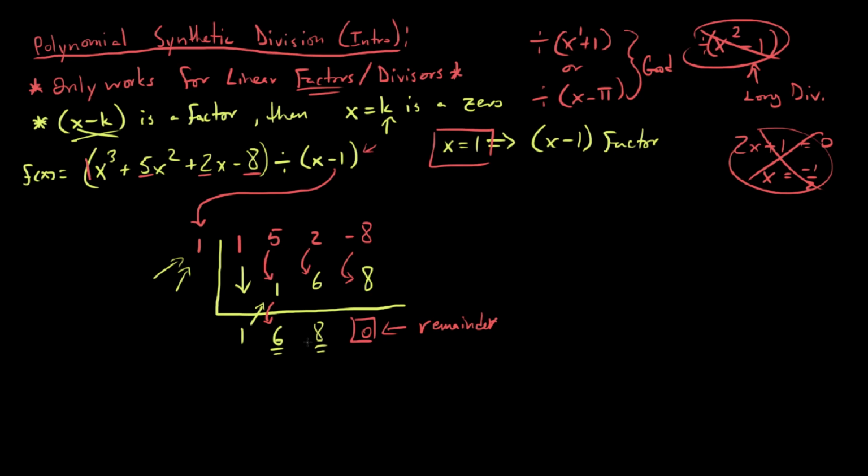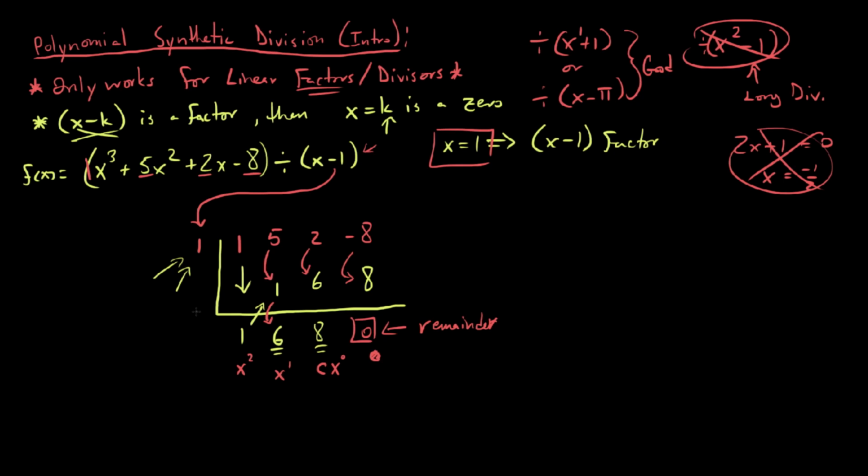But this is our remainder, that's r. Going backwards, this 8 here represents our constant, or our x to the 0. This 6 right here represents our x to the first spot. And we would just keep going back and filling in x squared. We don't have any x cubed.